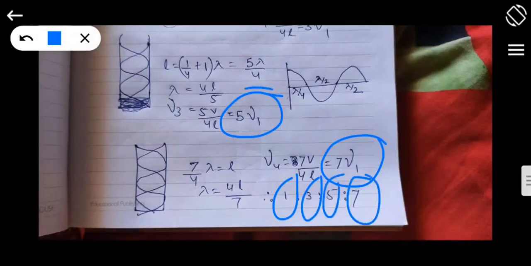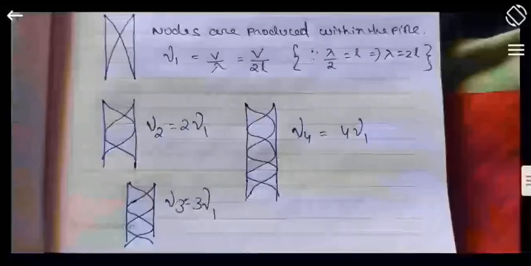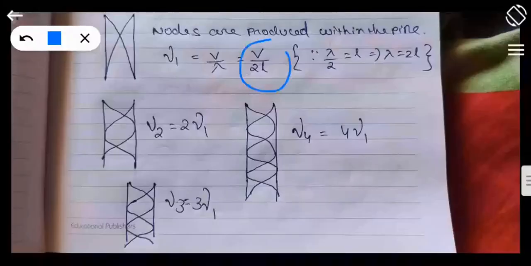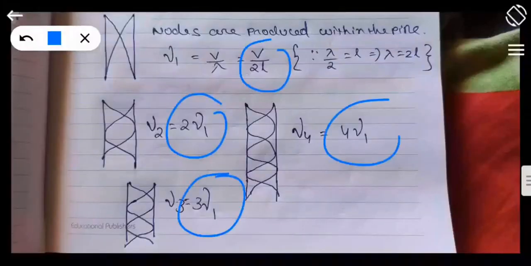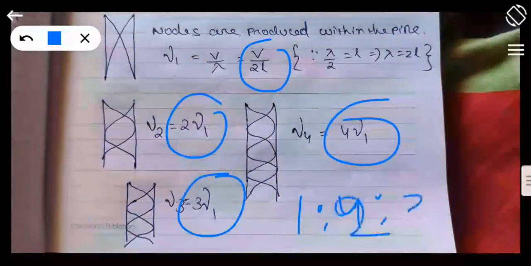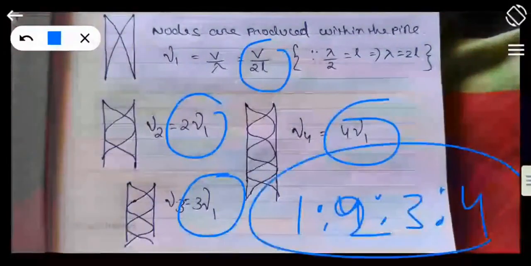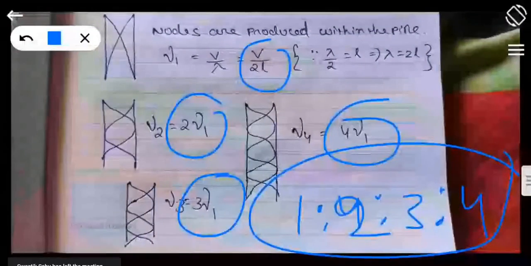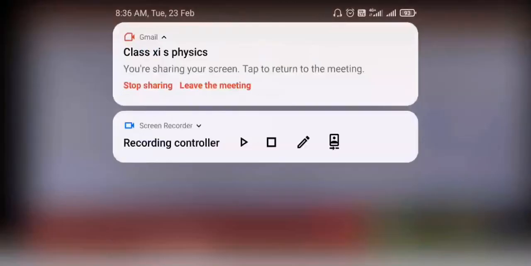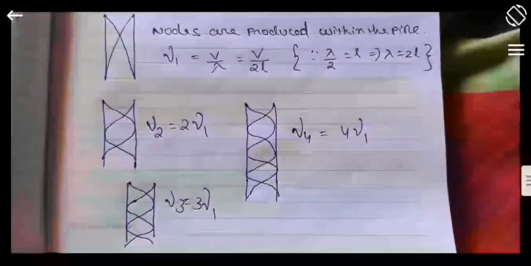But in the open organ pipe, the ratio is 1, 2, 3 and 4, continuous. So this is the difference between the open organ pipe and closed organ pipe, right? So let me stop the video here.